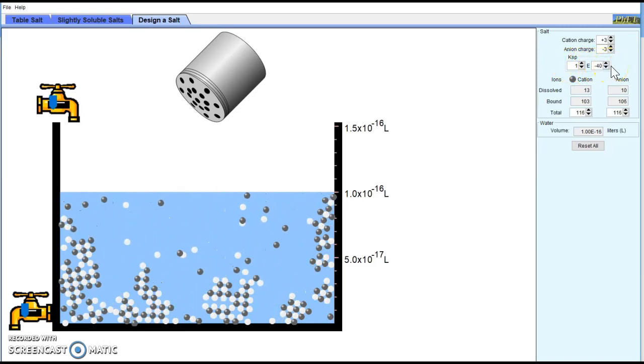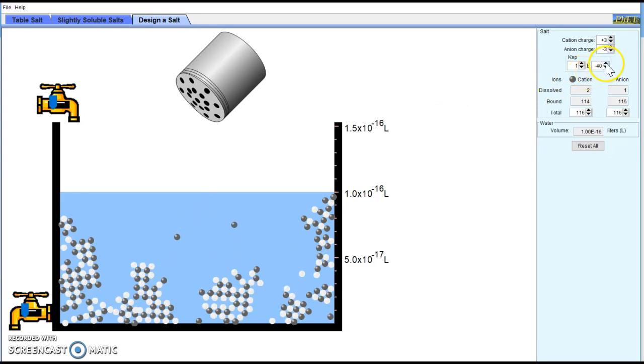So it's extremely insoluble. And you can see what's happened as I've been speaking. It's almost all in the solid form. Very few ions remain dissolved in solution. That's what it means to have a really low KSP.